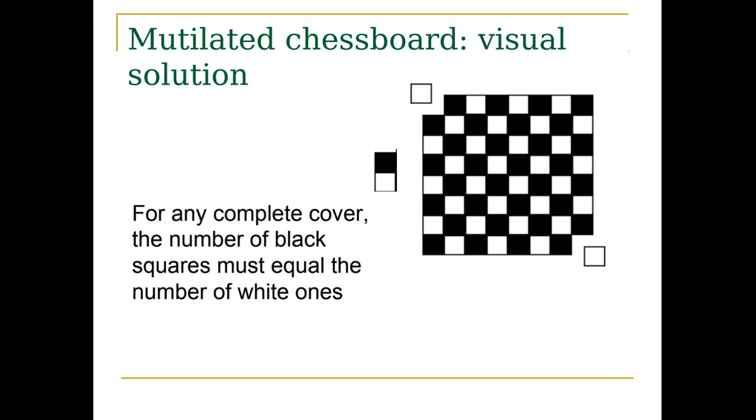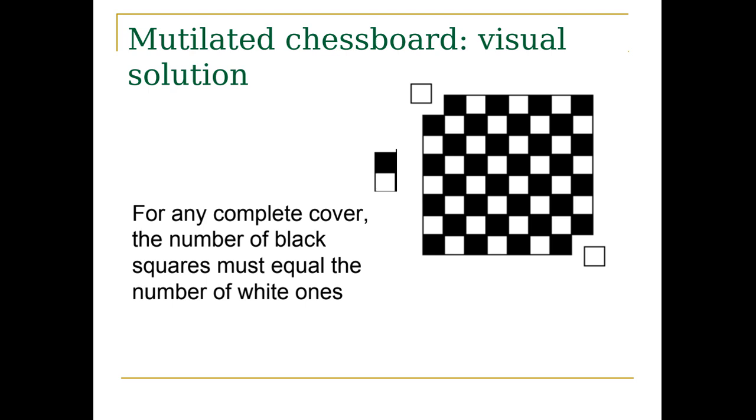When I started, there were white and black squares, but I took out two white squares. So you can see it's impossible to cover, because now there are not the same numbers of black and white.